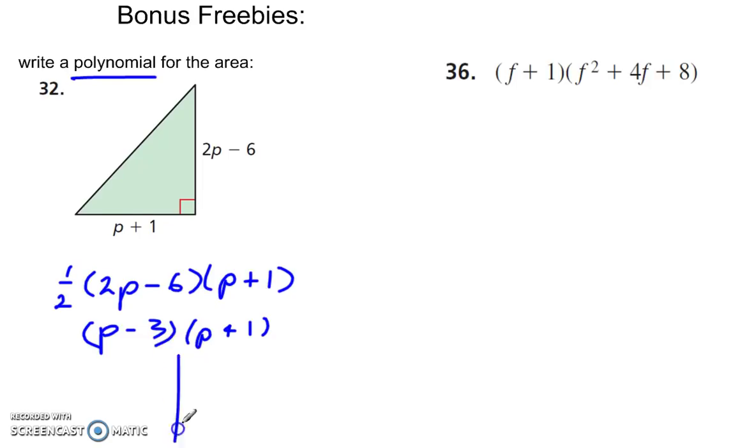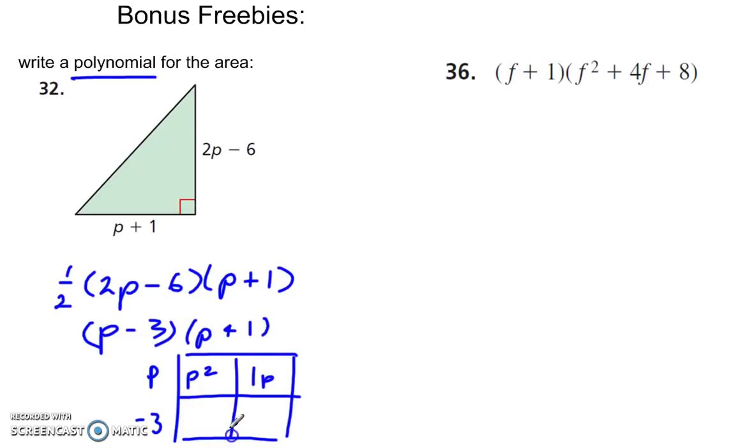And then I'm going to line that up here. But it gives me p squared and 1p, negative 3p, and negative 3. So my polynomial is p squared. Negative 3 plus 1 is negative 2p, and then minus 3.